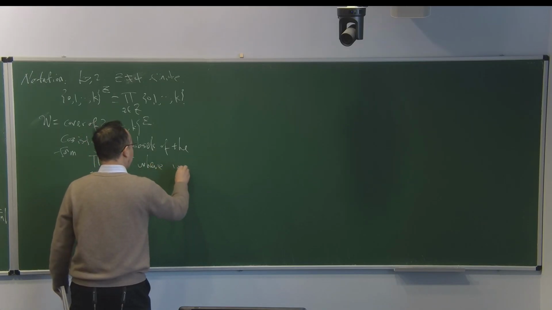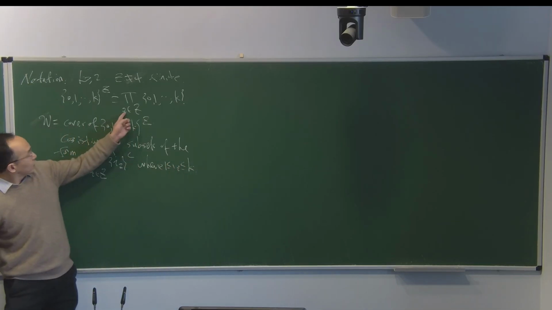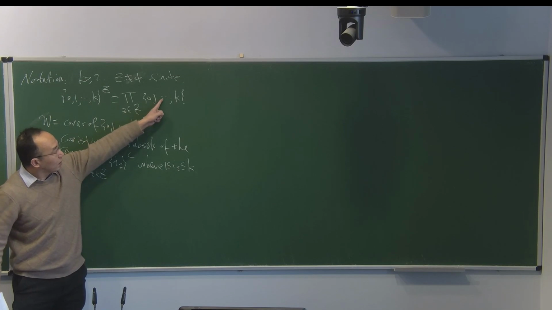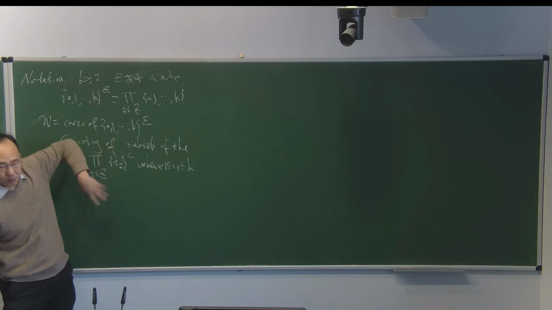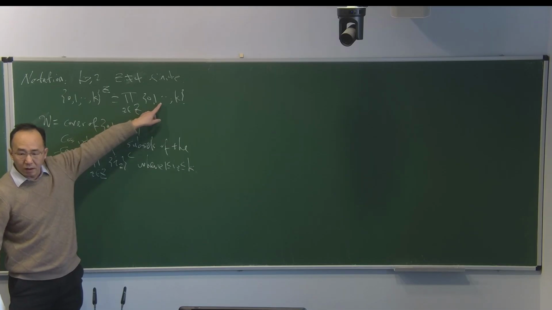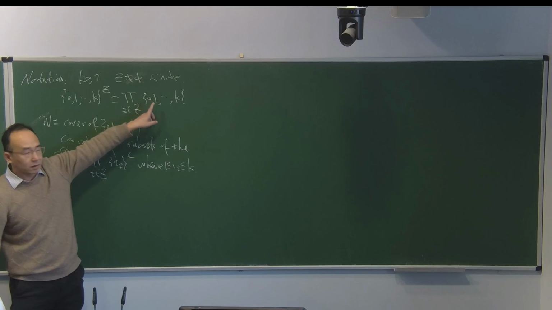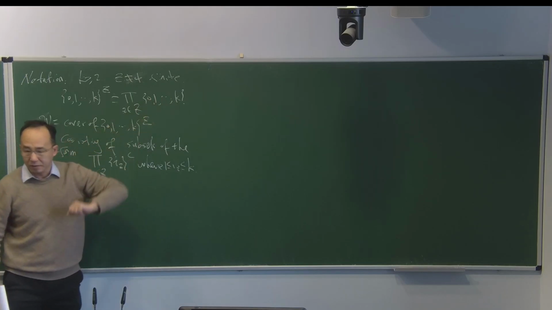Where this i_z will be between 1 and k. So at each coordinate z, I take out one point, look at the complement, and then look at the product. But the point we take out cannot be 0. So we are only allowed to take out one point from 1, 2 until k.